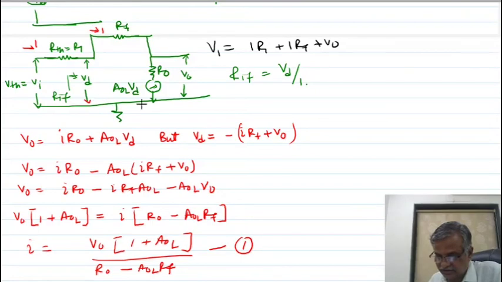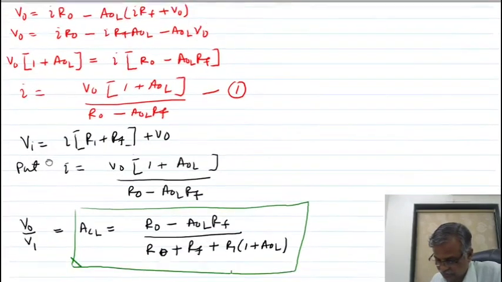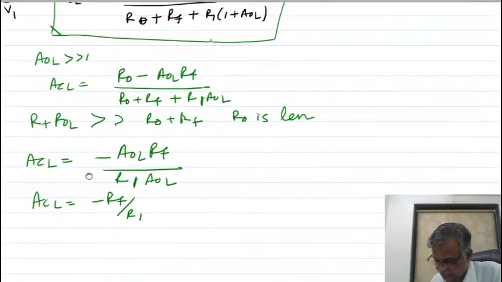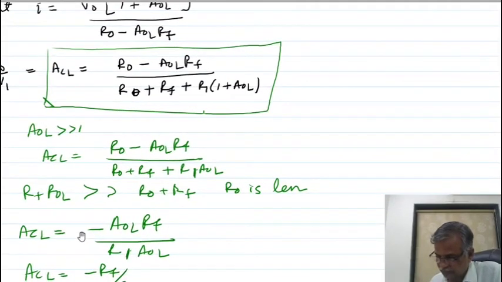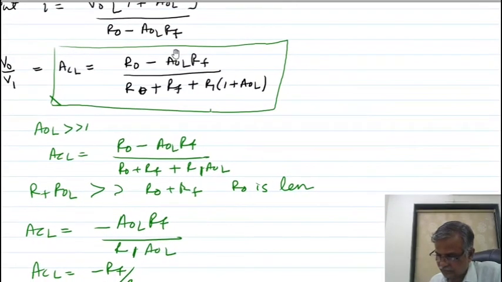For this, see here, this is your input section. Let us calculate RF. This is your equivalent circuit.